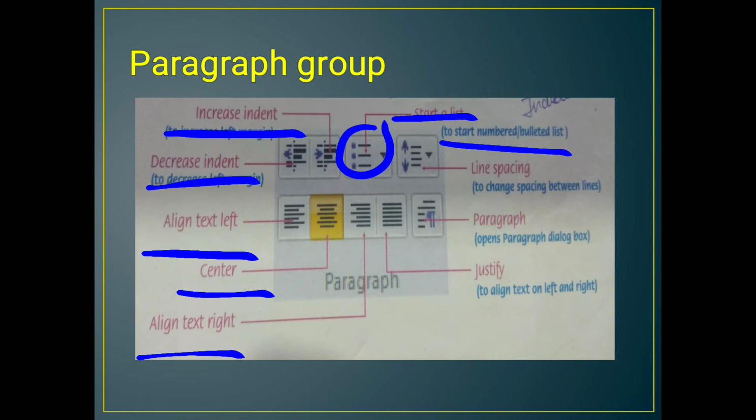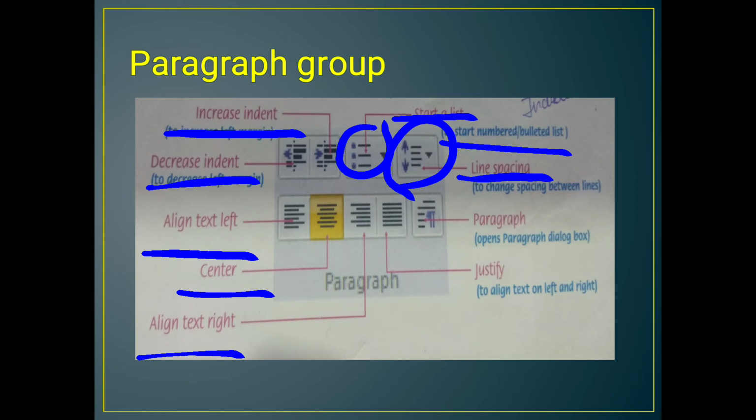The next point is line spacing. Line spacing is very important in a paragraph. See, this is the line spacing option. Line spacing is the distance between lines of text. Loose line spacing can make text much more readable, while tight line spacing can fit more text in a space.